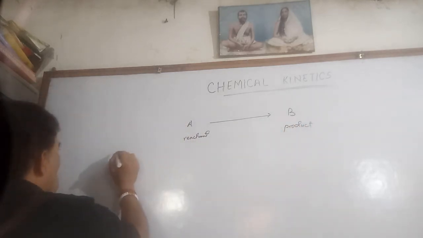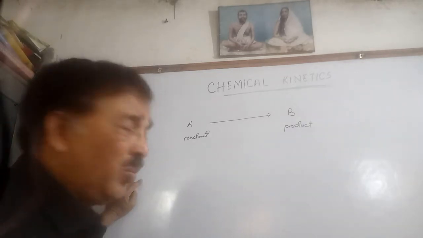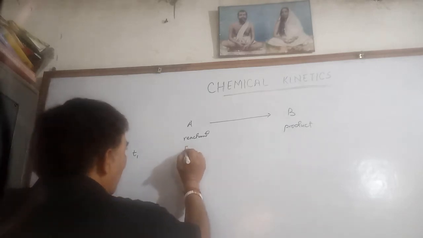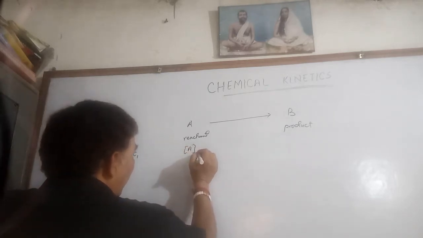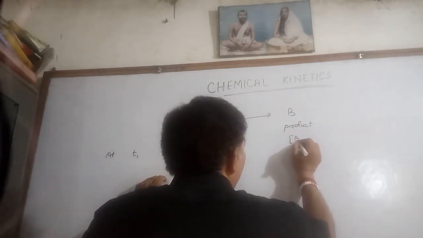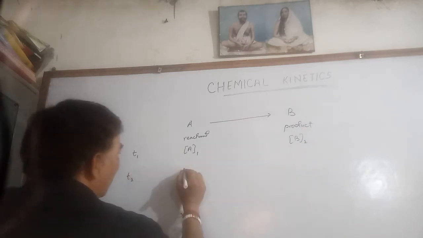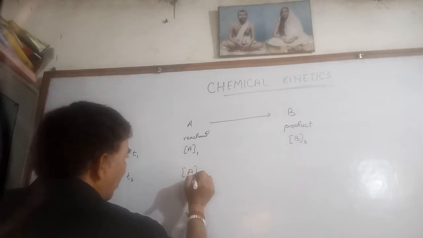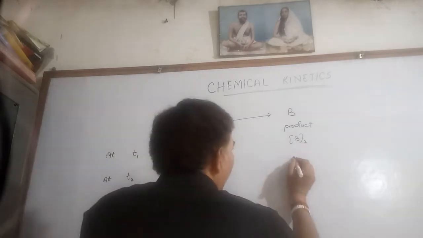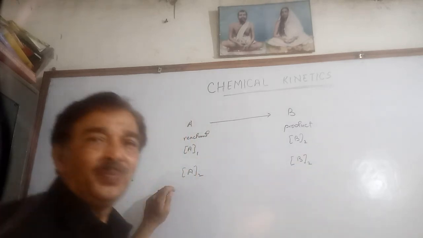Now, at time t1, let the concentration of A be A1 and the concentration of B be B1. At time t2, let the concentration of A be A2 and the concentration of B be B2.